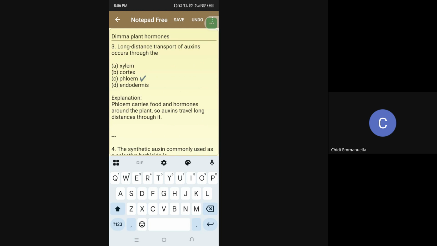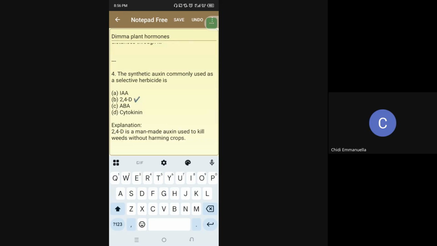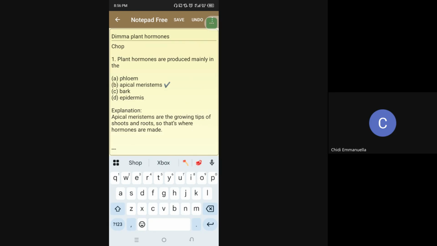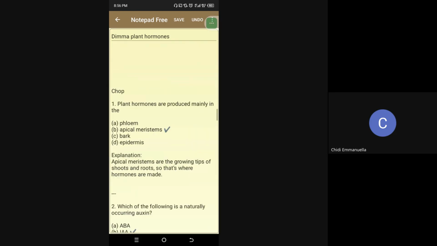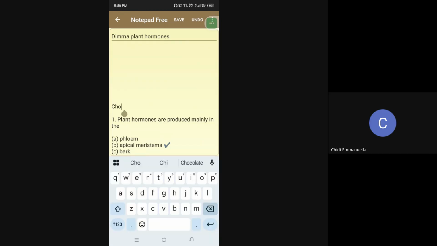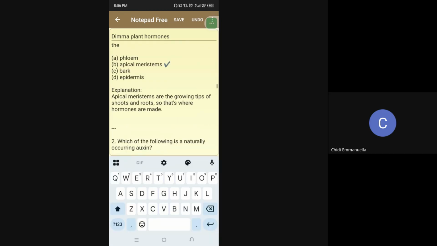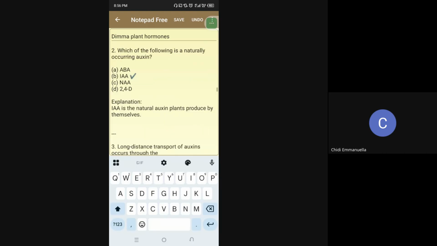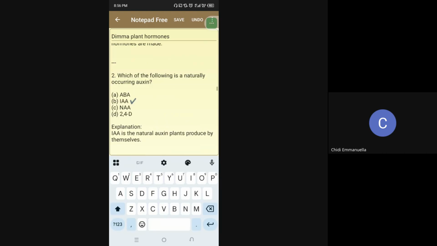Number four, the synthetic auxin commonly used as a selective herbicide is 2,4-D. What's the full meaning of 2,4-D? Dichlorophenoxyacetic acid.